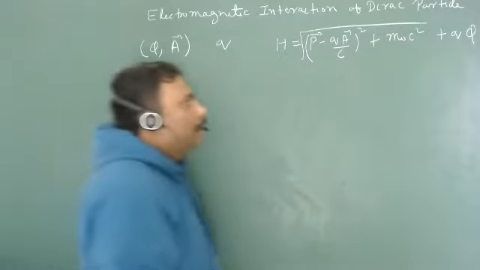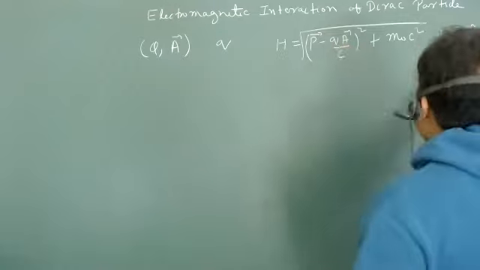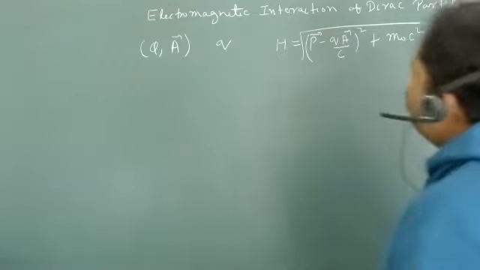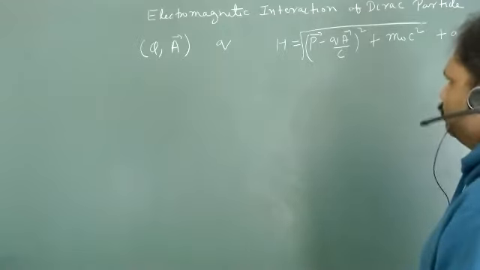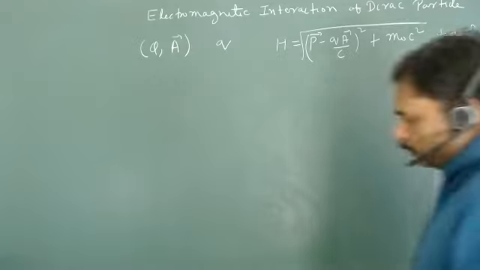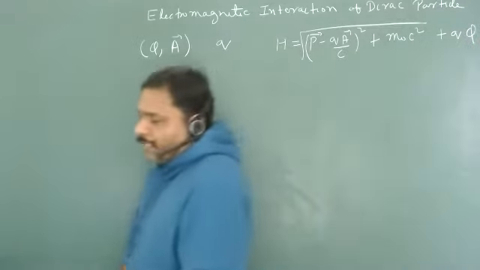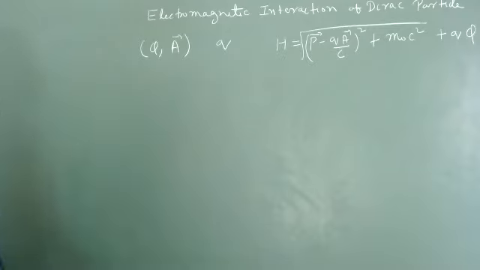In the examination, they will ask that if this is your Hamiltonian, what will be the corresponding Dirac Hamiltonian? So obviously we should remember how we can transform a classical Hamiltonian to a Dirac Hamiltonian. This is just a classical Hamiltonian.